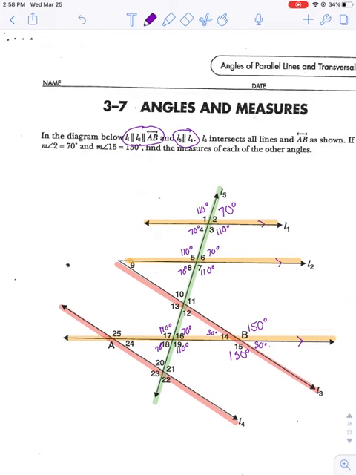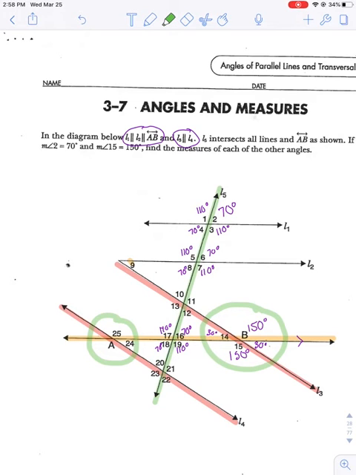If I look at my red parallel lines and I use this orange line that's remaining as a transversal, I have a cluster. I can copy this cluster to this cluster. Those are the only two places where the red and the orange repeat.